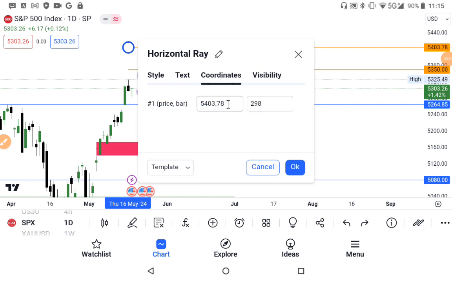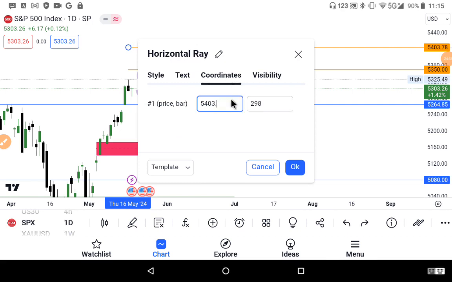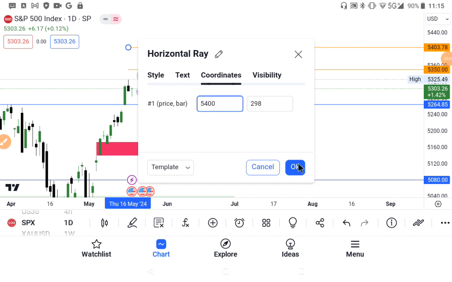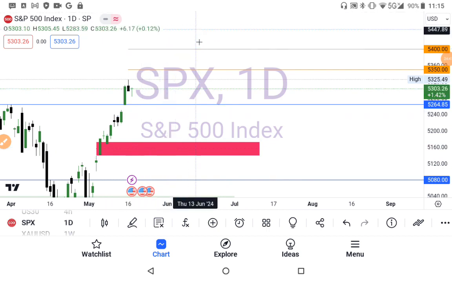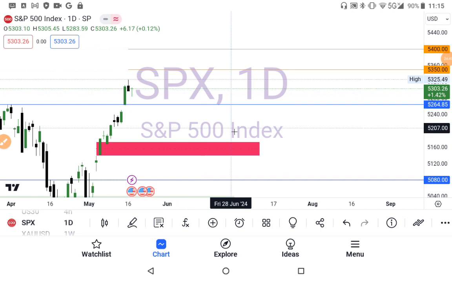This will be 5,400. So my low hanging fruits will be 5,350, then I'll be watching 5,400 before the end of the week.